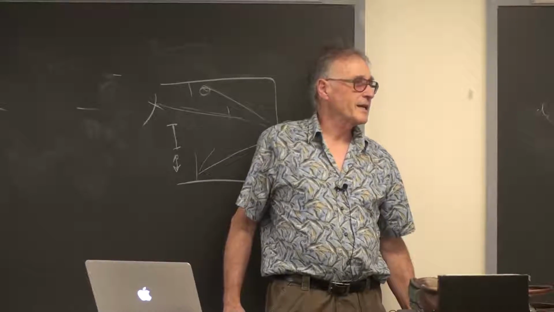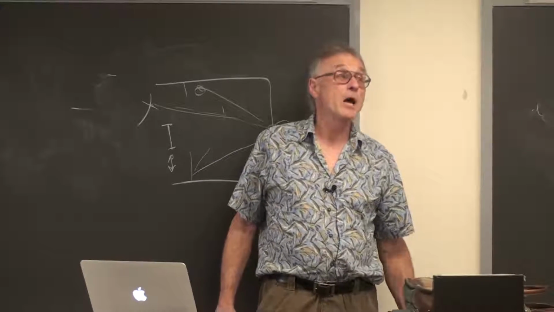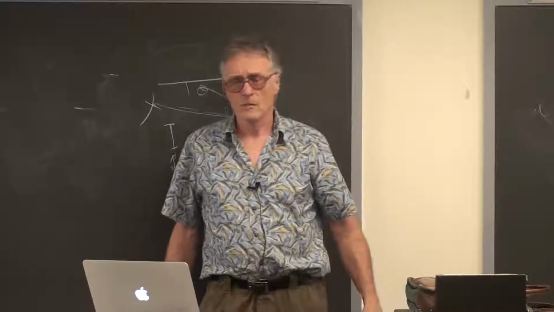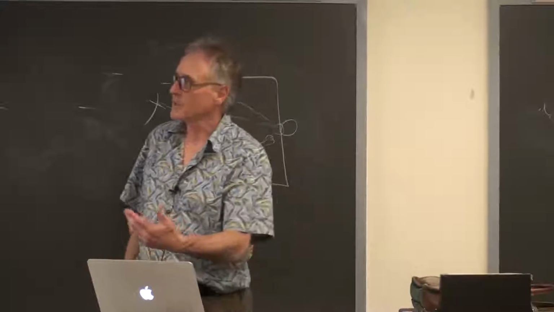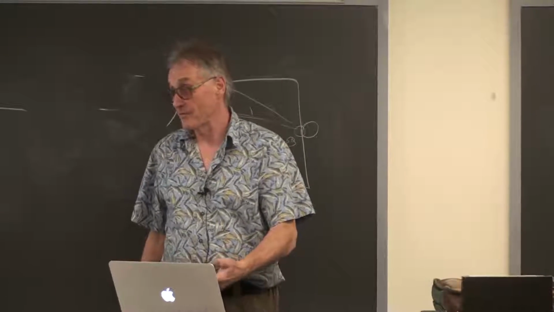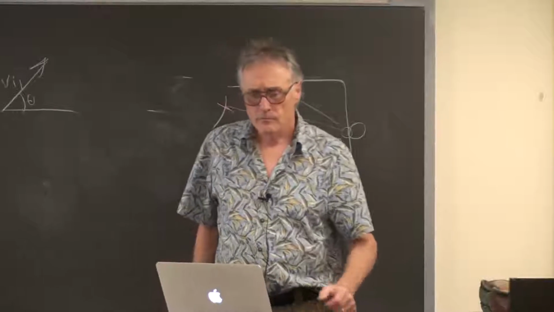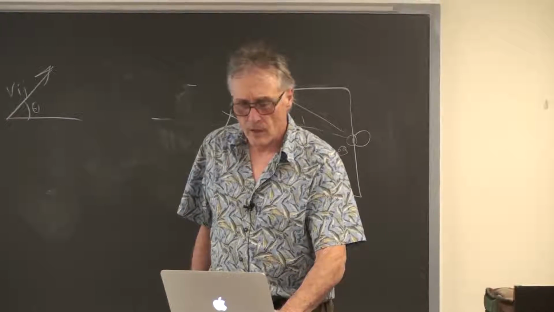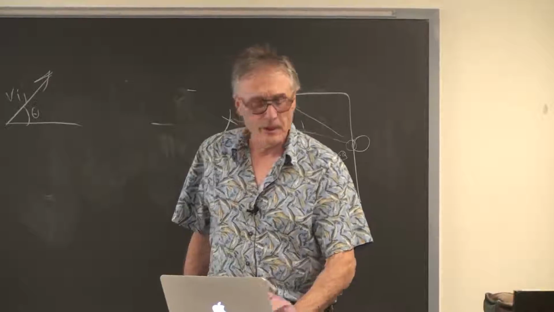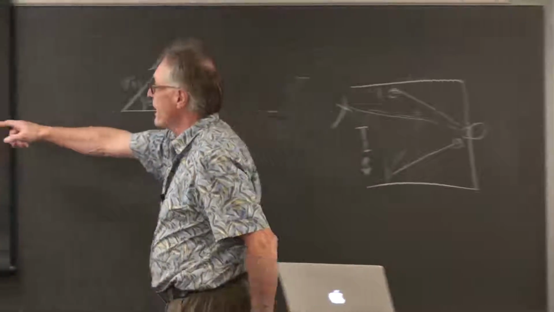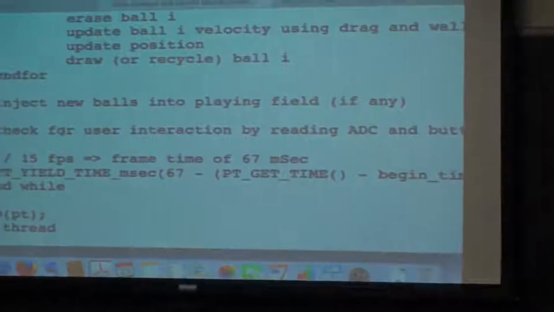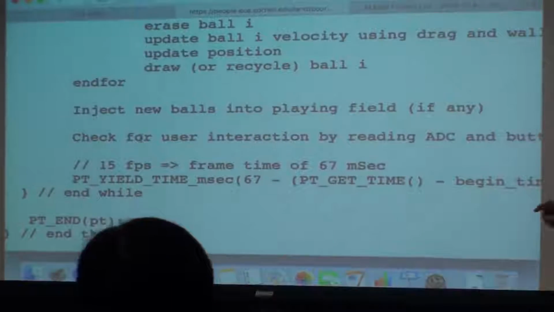And 15 times a second actually seems like a minimum. I think some of you will probably notice lag at that speed. You might actually want to read it faster. I forgot to put in here, then you have to redraw the paddle. You have to erase and redraw the catcher here because that's going to be moving.